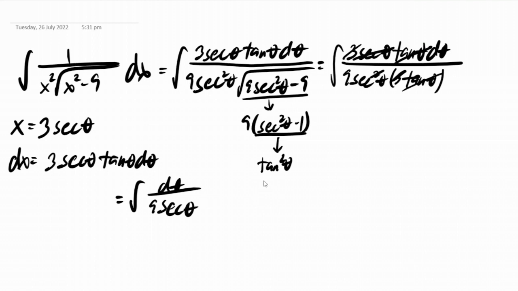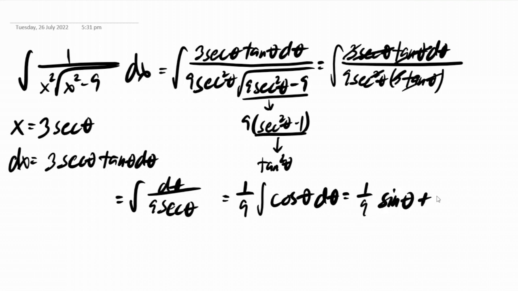And the integral of 1 over 9 secant theta, first we will bring out 1 over 9, and then the integral of, using the trigonometric identities, 1 over secant theta is equal to cosine theta d theta, and the integral of cosine theta is sine theta plus c.